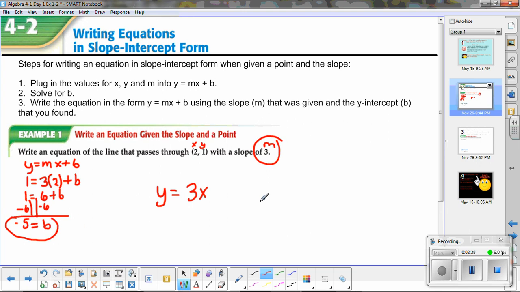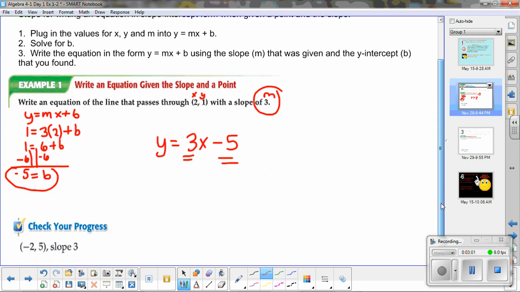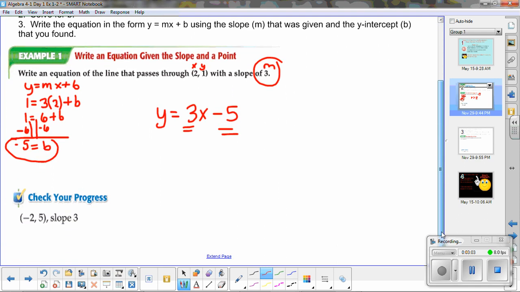And since b is a negative 5, it's not going to be plus 5, it's going to be minus 5. So the equation of the line that goes through this point with the slope of 3 is y equals 3x minus 5. The 3 was given to you, and the negative 5 we got by solving for b. You may want to pause the video and try the next one on your own.